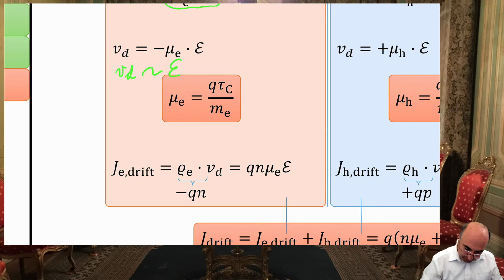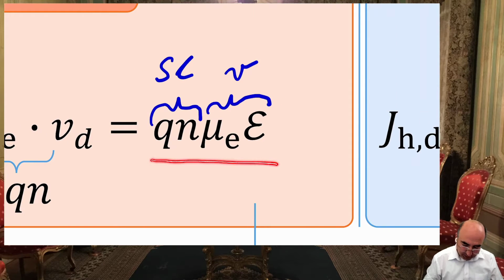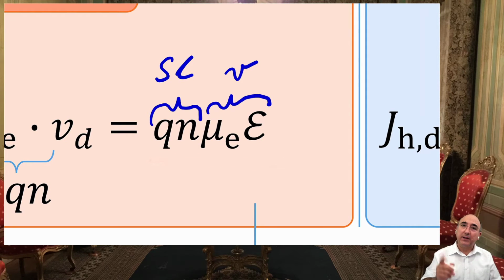So here we have the space charge, and here we have the velocity. So we have this equation. That's it. So what we see for the current density is that the current density is proportional to your doping.